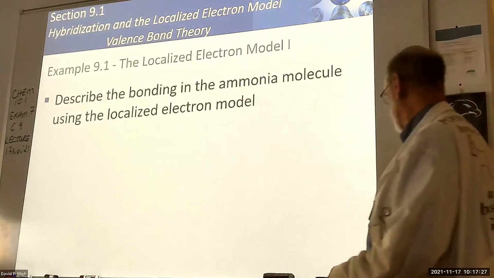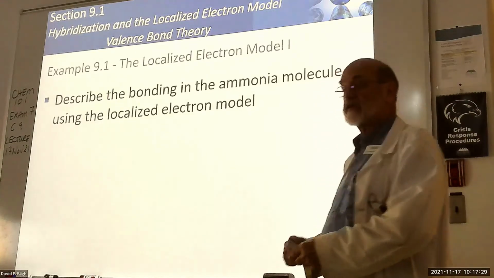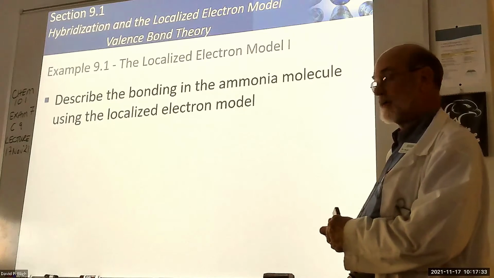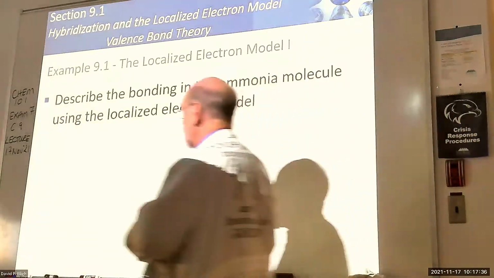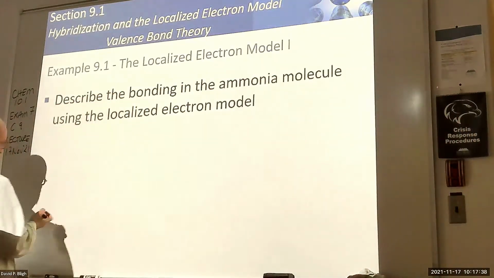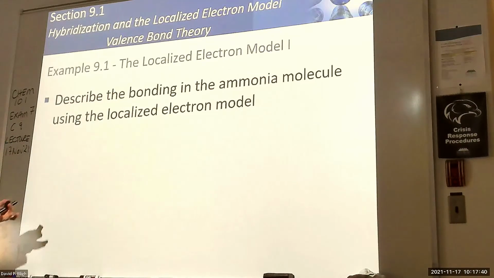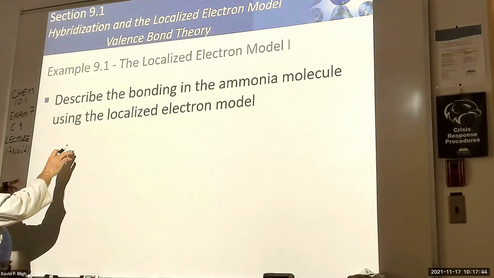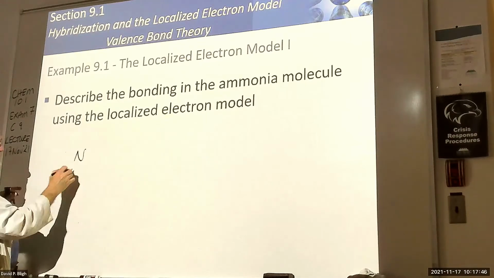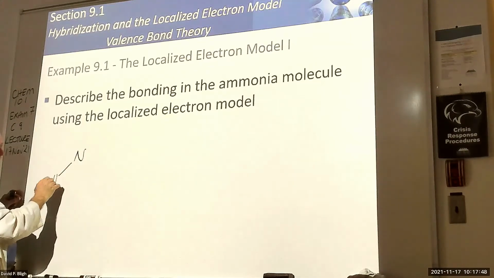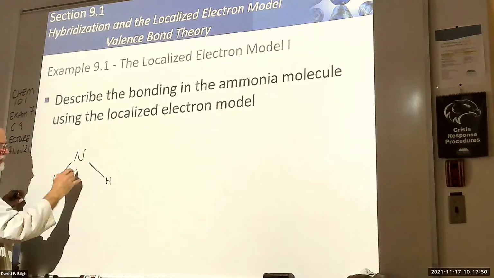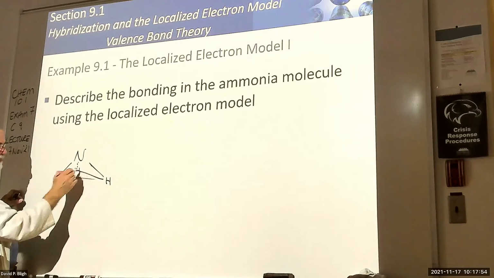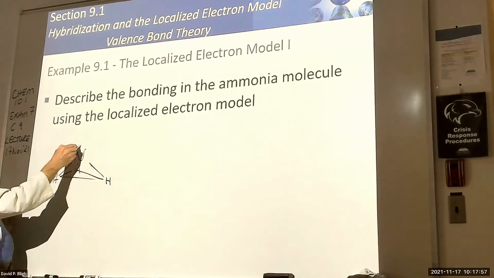So how would we apply this hybridization to, say, an ammonia molecule? It only has 3 hydrogens. Right? So we know that when we draw the electronic structure for ammonia, we get a hydrogen over here, hydrogen over there, one in the back that forms the trigonal base, and then we have a lone pair here.